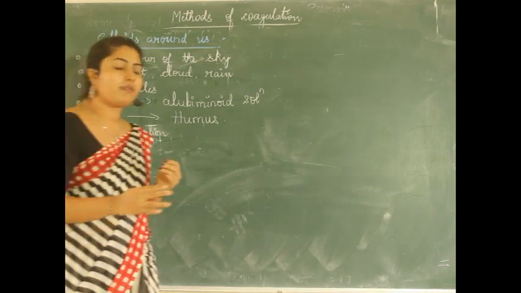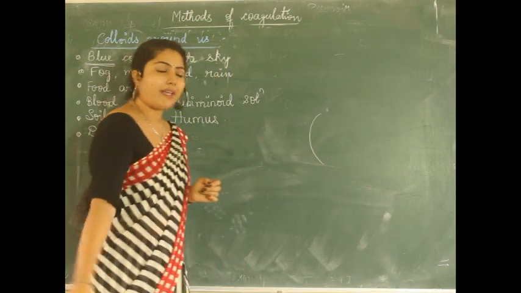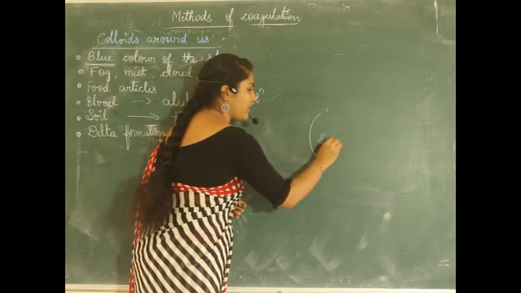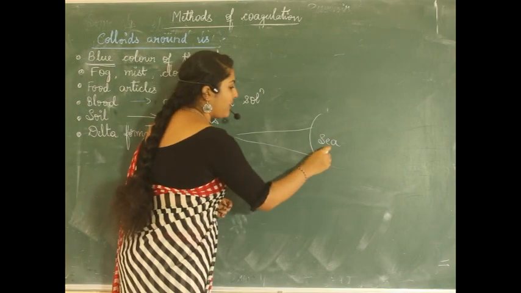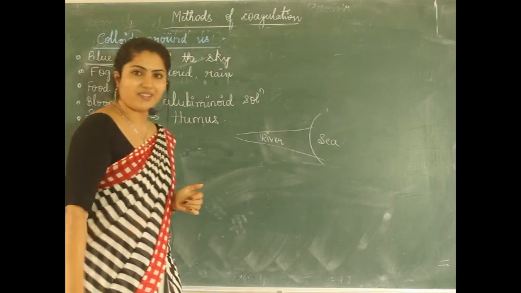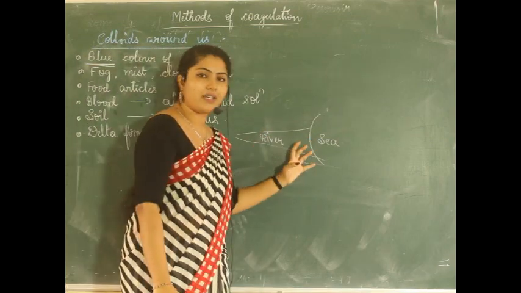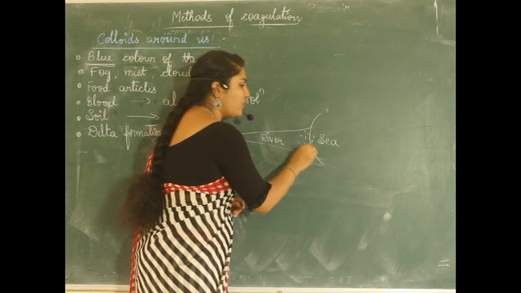This is a common thing which you might have noticed. The place where rivers meet the ocean or sea, you might have seen a region called a delta, where the clay particles seem to settle down.